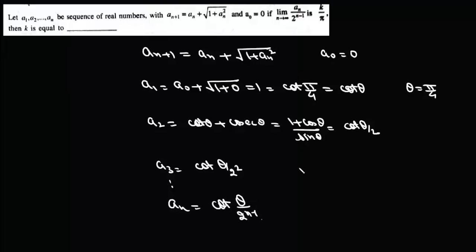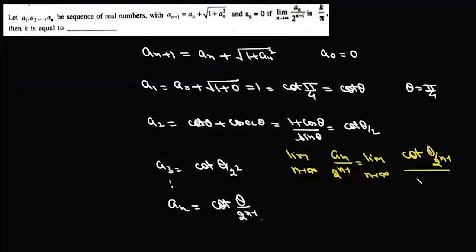So we'll get a(n) as cot of theta upon 2 to the power of n minus 1, where theta is pi by 4. Now if we find this limit, which is the limit as n tends to infinity of a(n) upon 2 to the power of n minus 1, it will be the limit as n tends to infinity of cot of theta upon 2 to the power of n minus 1, upon 2 to the power of n minus 1.